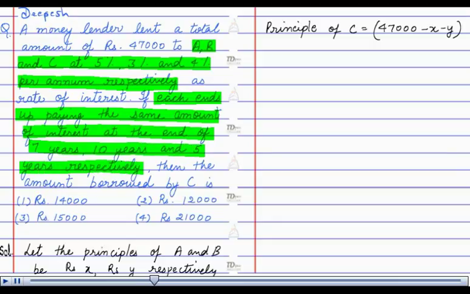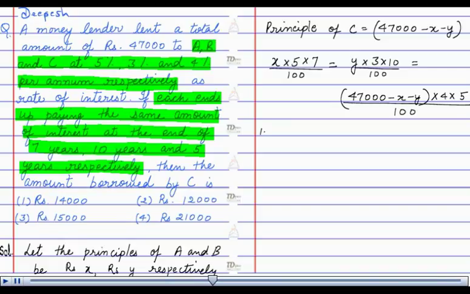That is, the amount paid by A at the end of 7 years is equal to the amount paid by B at the end of 10 years and the amount paid by C at the end of 5 years. That is, X into 5 into 7 upon 100 is equal to Y into 3 into 10 upon 100 equal to 47,000 minus X minus Y into 4 into 5 upon 100.